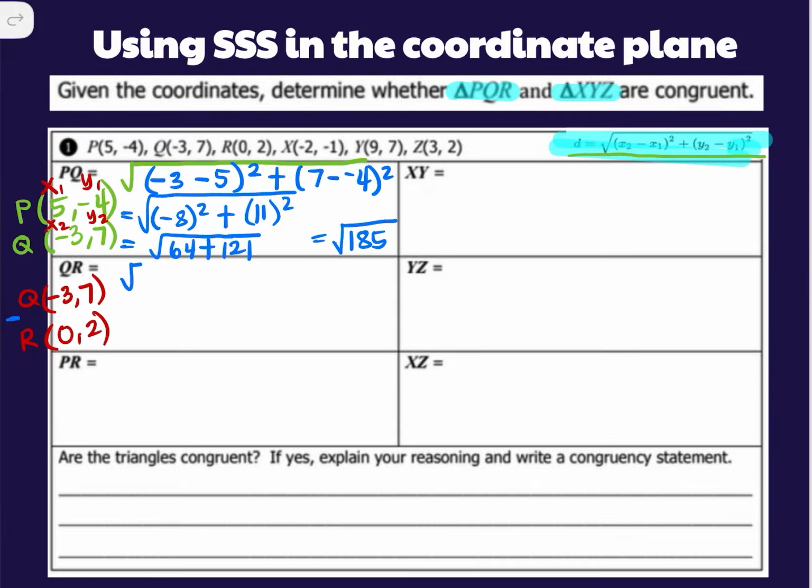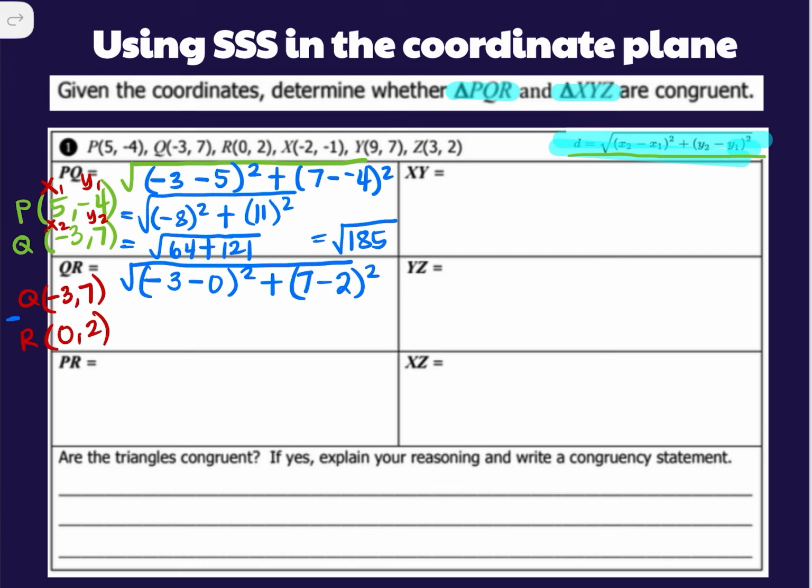So this is another method of finding the distance. I'll do the top minus the bottom. That means -3 minus the bottom, which is 0. I am subtracting my x values, -3 minus 0. Then my y values are 7 and 2, so I'll do 7 minus 2.